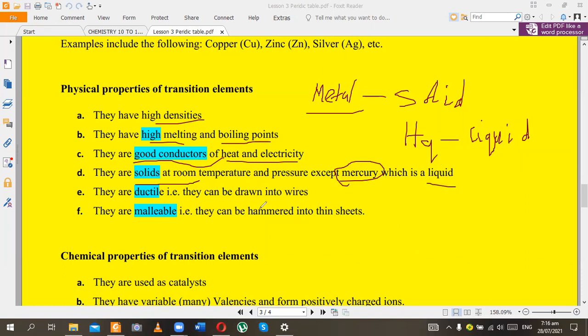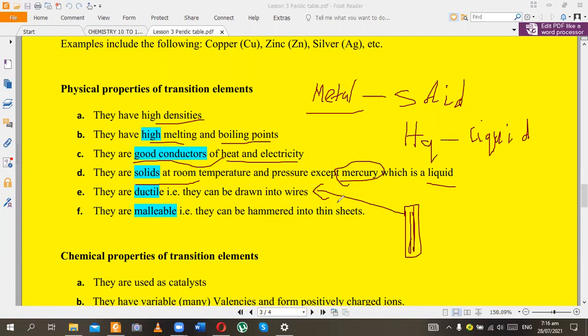And then the other one is that they're ductile. Now, ductility of a metal is the property that tells us that when you have a bar or a rod of a metal, you can recycle it and put it into small wires.